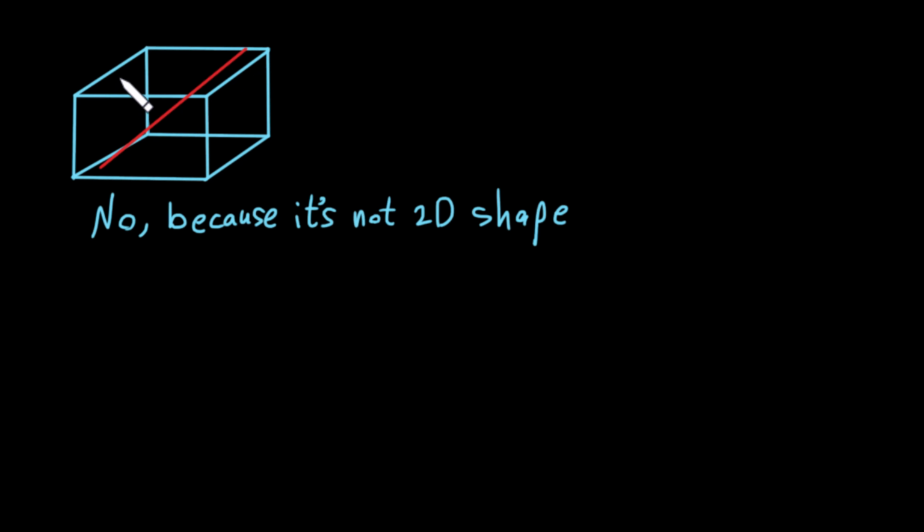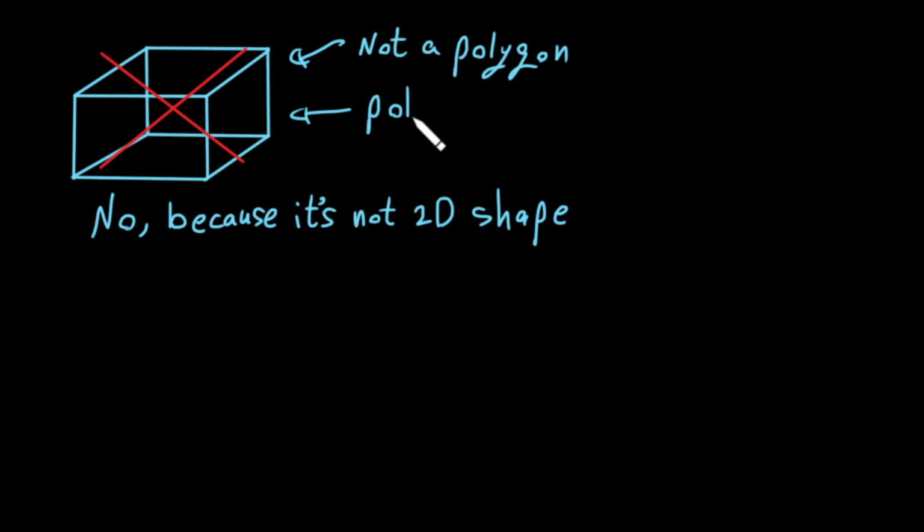So this here is not a polygon, it's a polyhedron. This here, they called it a polyhedron. So this is a polyhedron, not a polygon.